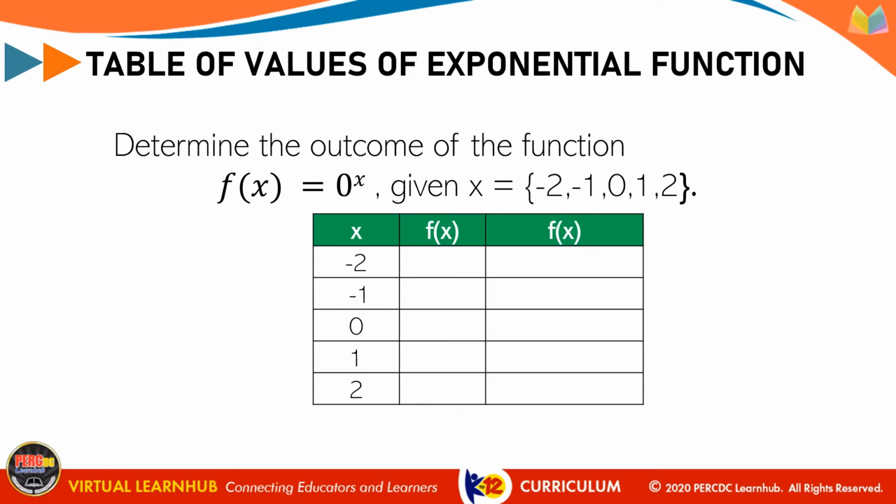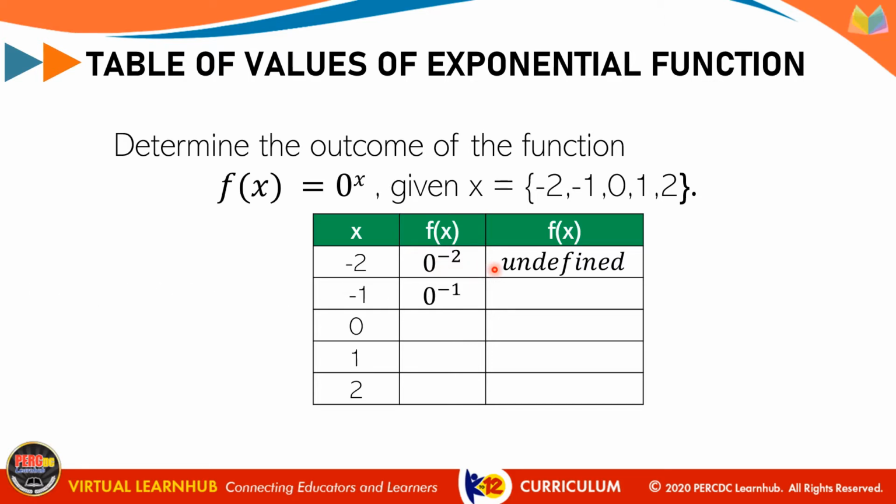Let's take a closer look. Determine the outcome of the function f of x equals 0 raised to x given x is a set that contains negative 2, negative 1, 0, 1, and 2. If we have x equals negative 2, our f of x will be 0 raised to negative 2, and that is undefined. Again, if 0 is raised to a negative exponent, that will be undefined.